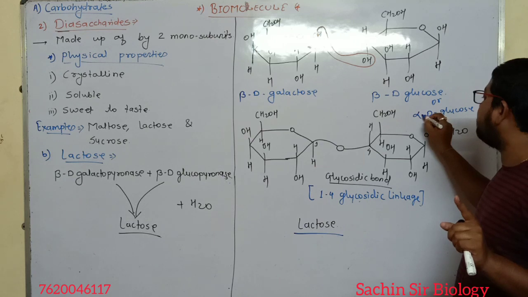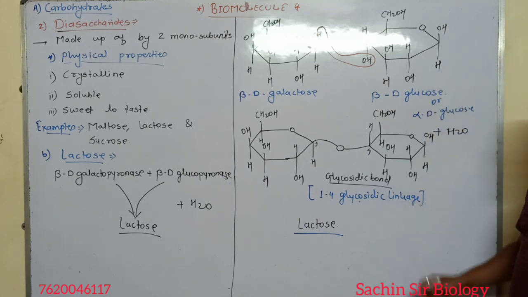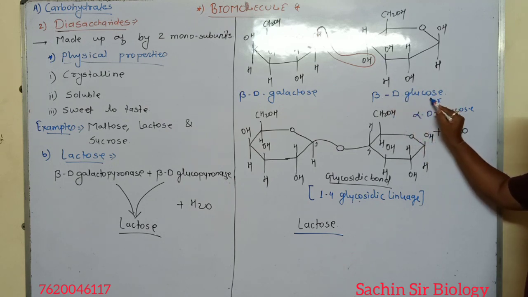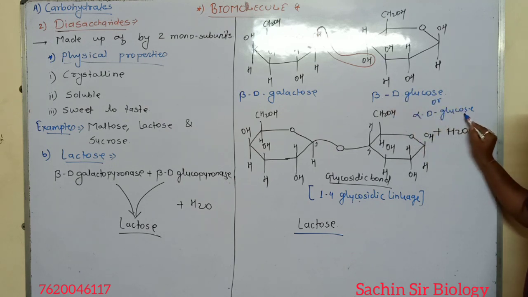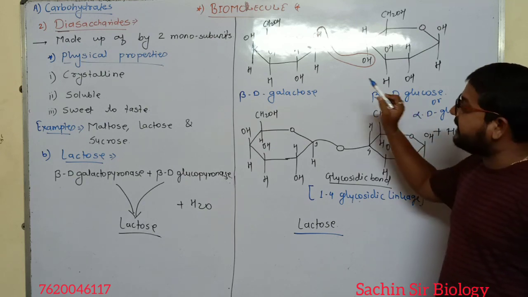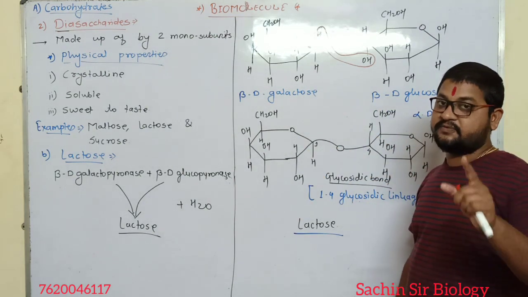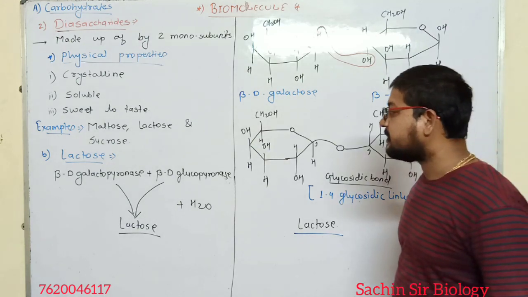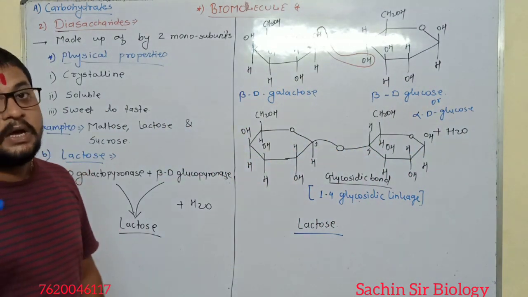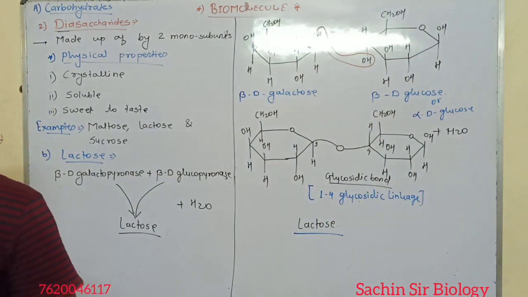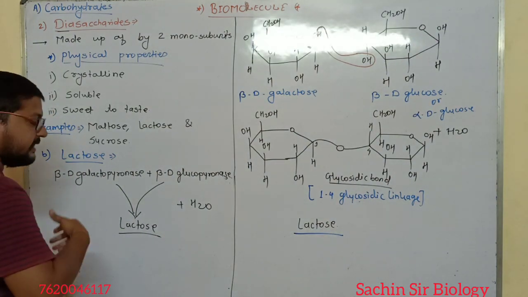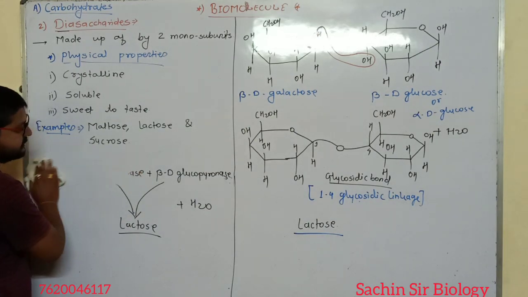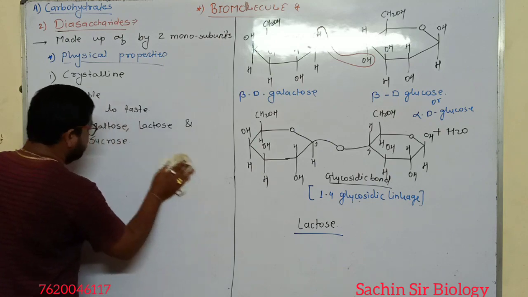The second subunit may be either beta D glucose or alpha D glucose, but galactose is always present in the form of beta D. That's all, so this is about lactose. Now, in the next example, we will study sucrose.